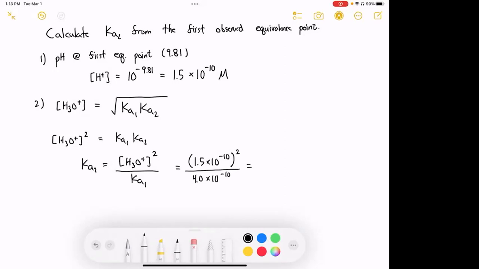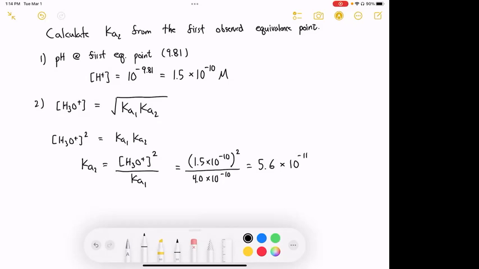We take 1.5 e to the negative 10, square it, divide by 4.0 e to the negative 10, and we get 5.6 times 10 to the negative 11 as our second Ka2.